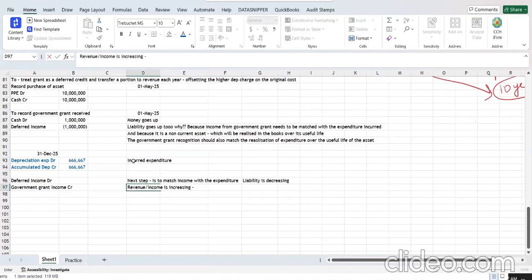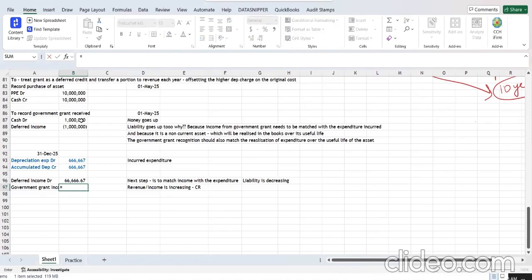So I'm crediting it. Okay. So deferred income should be 1 million divided by 10 years into 8 by 12, right?